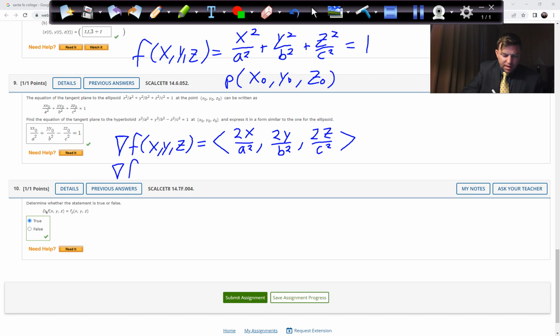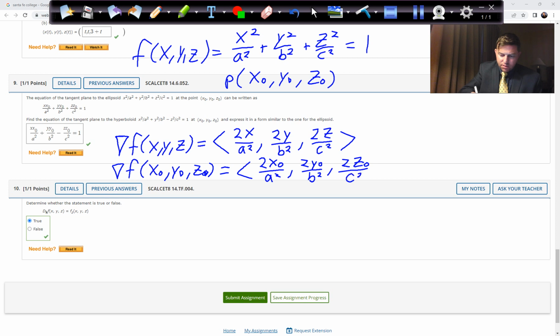So the gradient of f, when I change x to x0, y to y0, and z to z0, is pretty much the same thing. Just add a subscript 0 on each term. 2x0 over a squared, 2y0 over b squared, 2z0 over c squared.